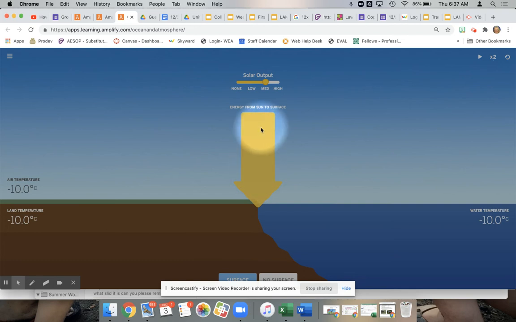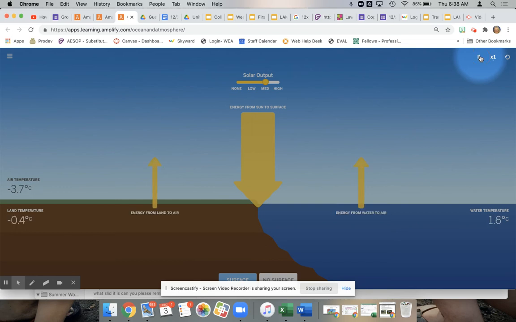Once I start this simulation, you will be able to see how the land temperature, the air temperature, and the water temperature change as solar energy is added. So I'm going to start this simulation. I'm going at just the normal speed and I'm going to hit the play button.